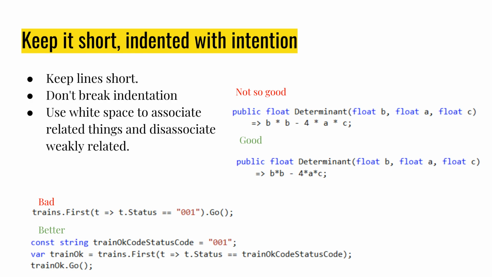I think reading code like this is more clear, because a single line does a single thing. In the first example, we do two things. We get a train, and then we tell it to go. In the second example, we get a train, then that train goes somewhere.